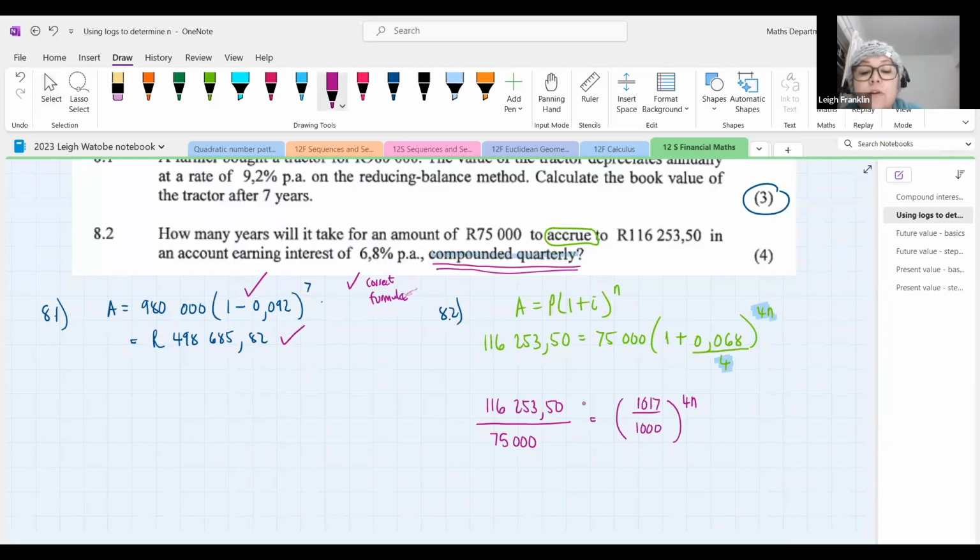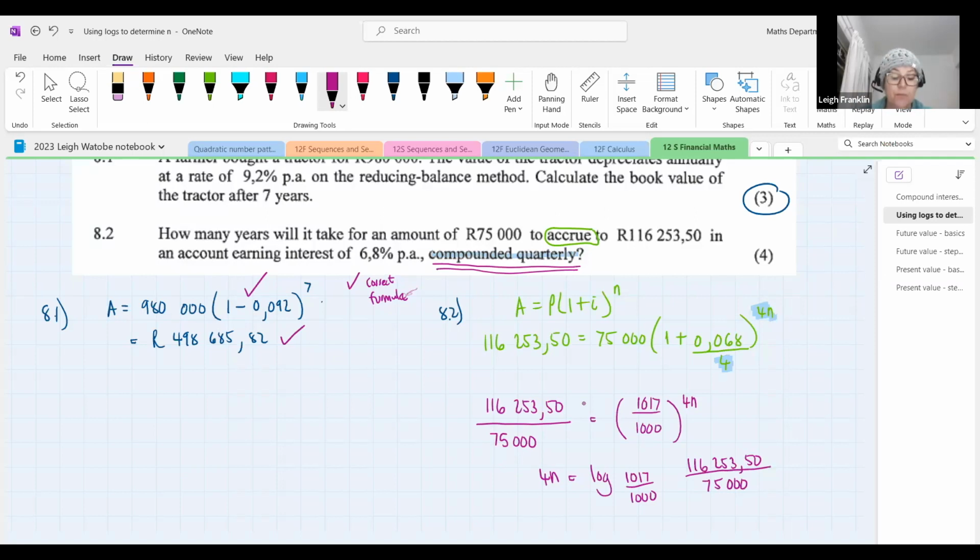All right. So 4n equals log base 1.017 of the number. Okay, so let's just do that quickly.